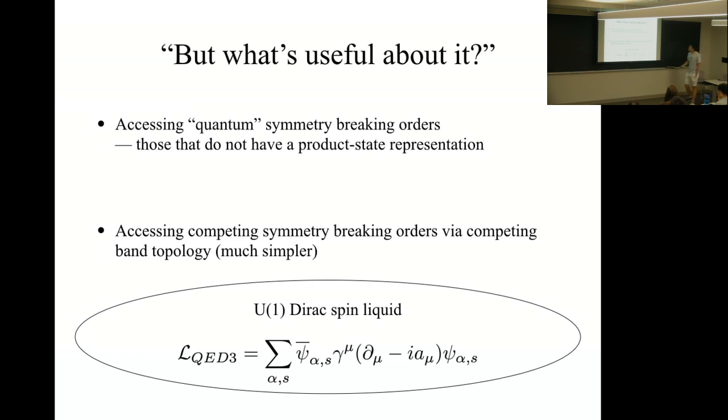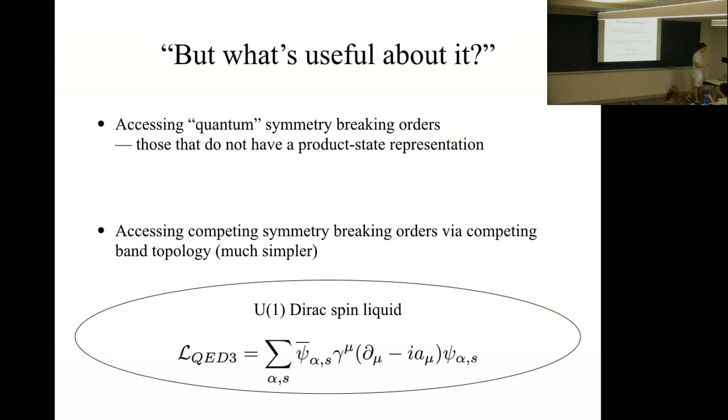Sure. Okay. Nice. I have a dictionary, but what's useful about it? All right. After all, what I've done in the past, I don't know, 20 minutes is describe to you some extremely detour way to understand conventional symmetry breaking orders. Okay. There are two things that I can think of. One is a little bit pedantic. That's there are some symmetry breaking phases where there's nothing really weird about the symmetry breaking.